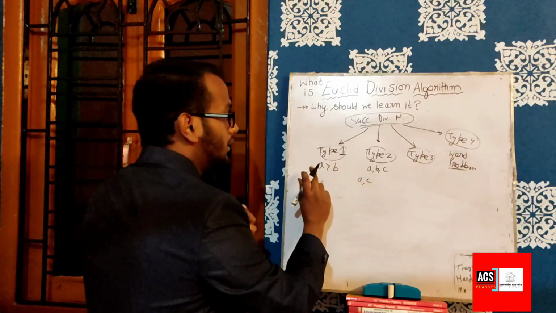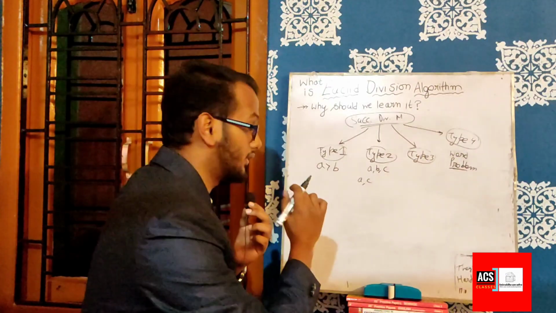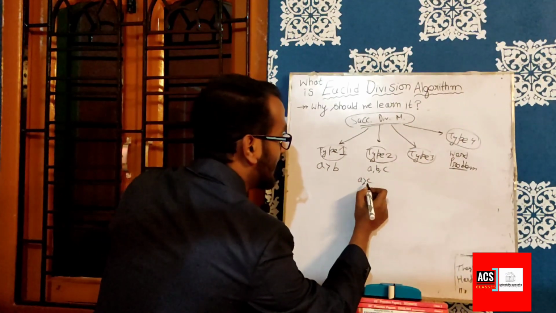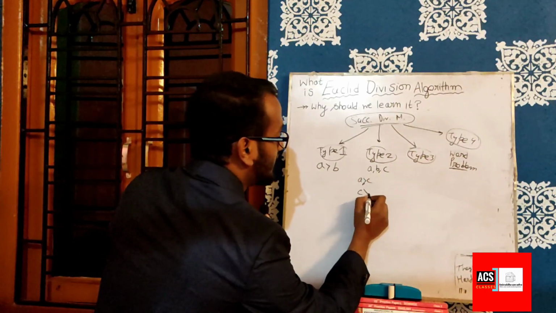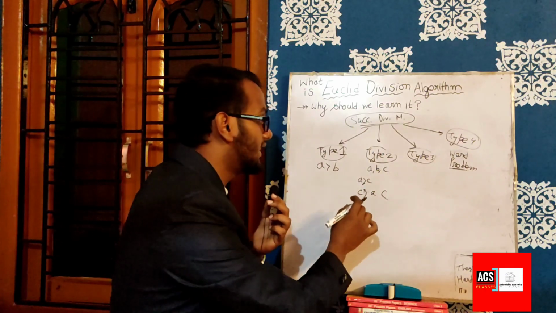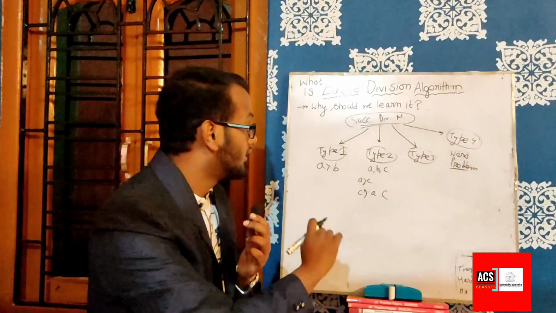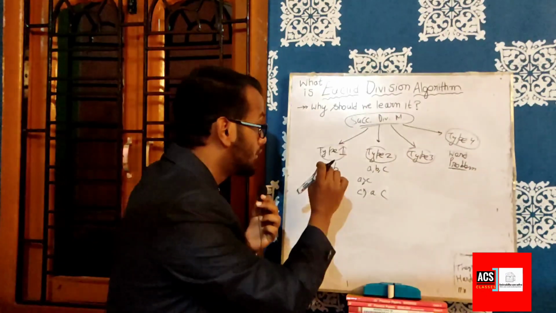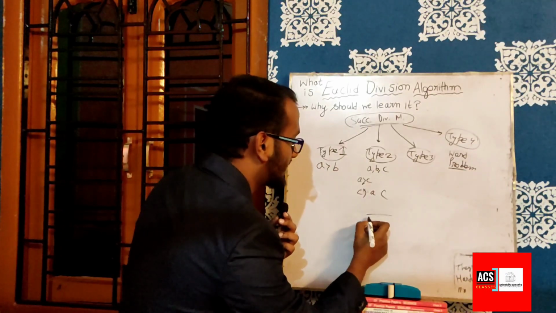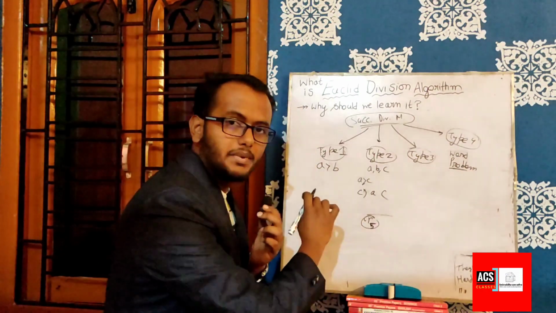Using type 1, we will do exactly the same as we did in type 1. Let's say A greater than C, so we will find the HCF of C and A using the successive division method. Let's say R5 is the HCF.